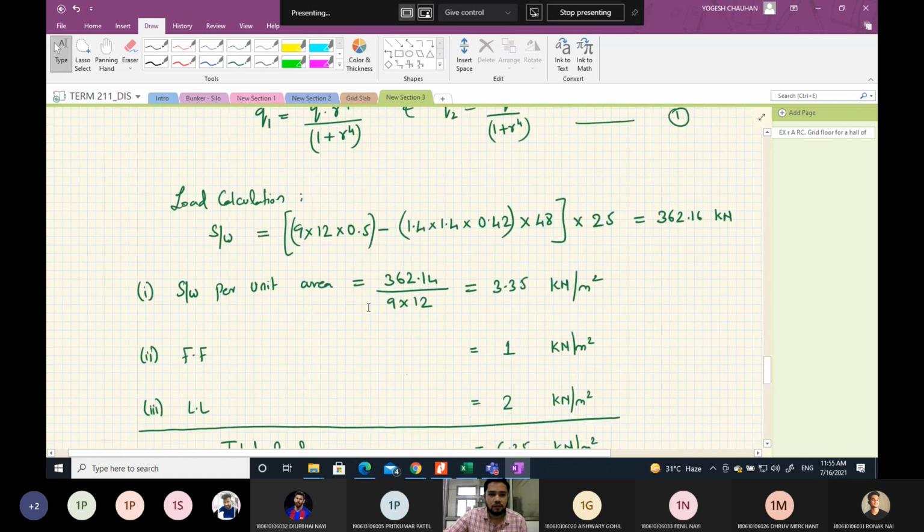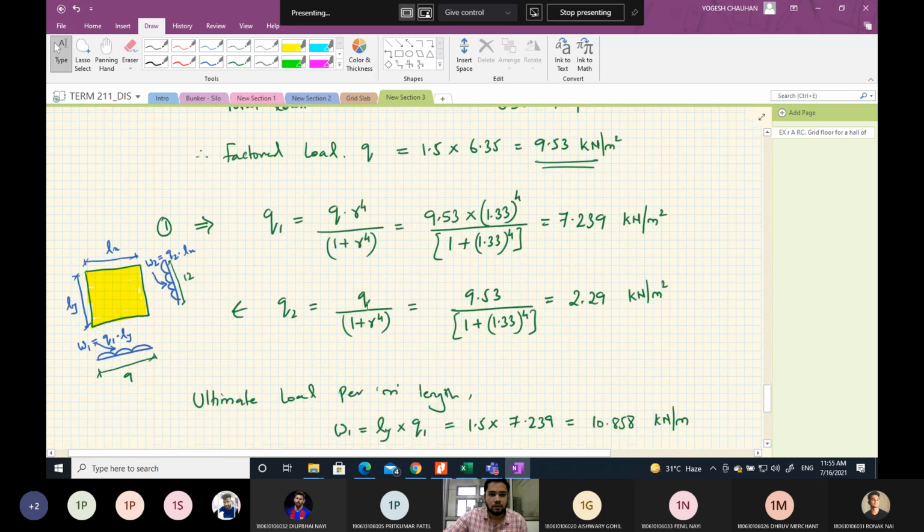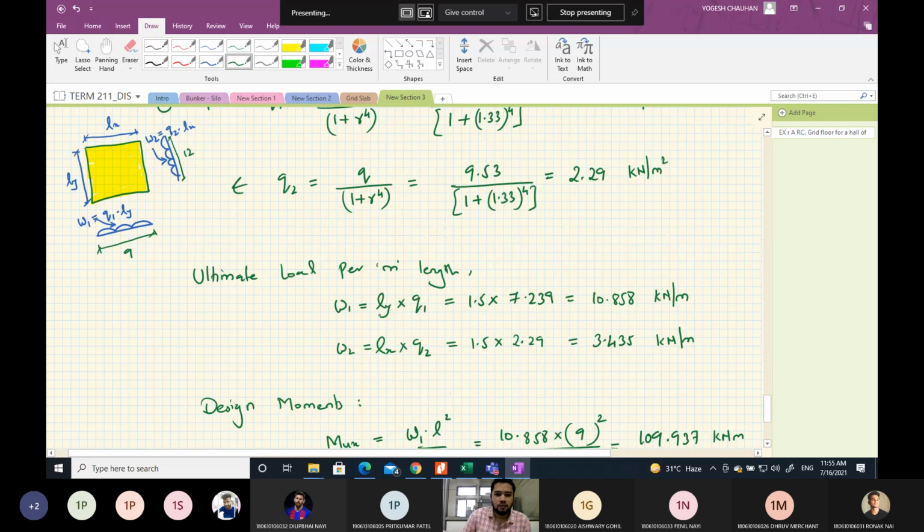Ly by Lx is 12 by 9 only. So here, instead of writing this, let us use L2 and L1 for this panel. So for panel, this is L1 and this is L2.